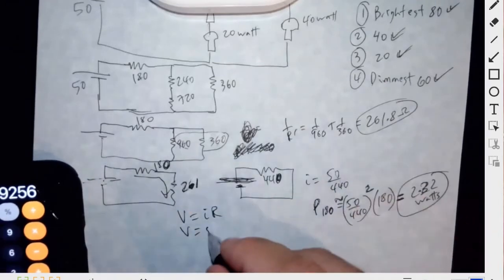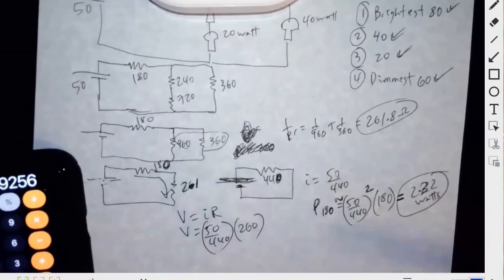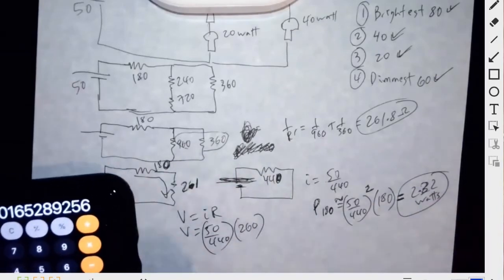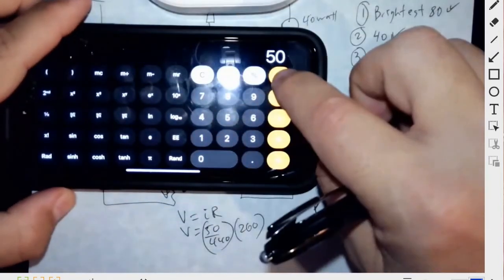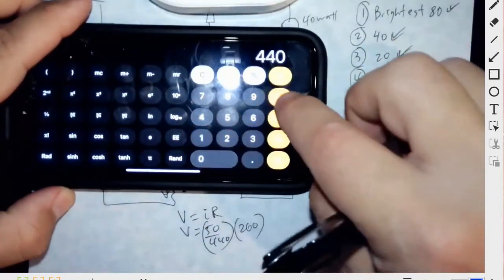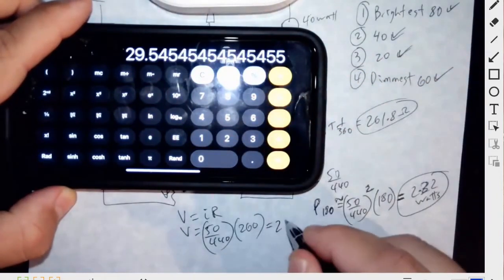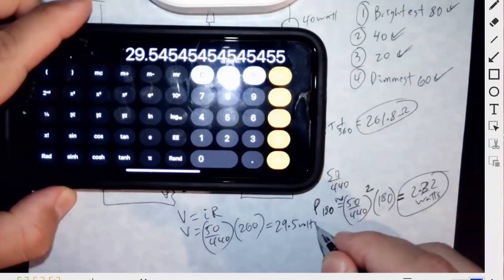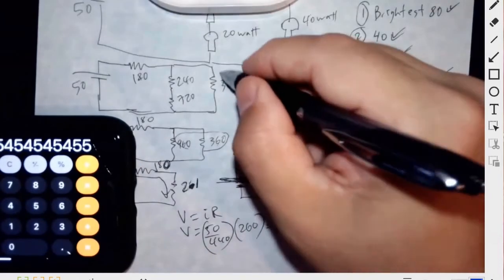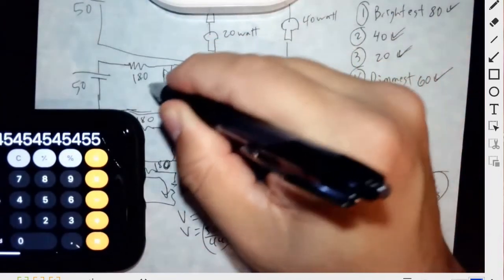So it's going to be 50 over 440 times the resistance, which I'm going to approximate as 260. 29.5 volts. So this guy has 29.5 volts. This guy has 29.5 volts.